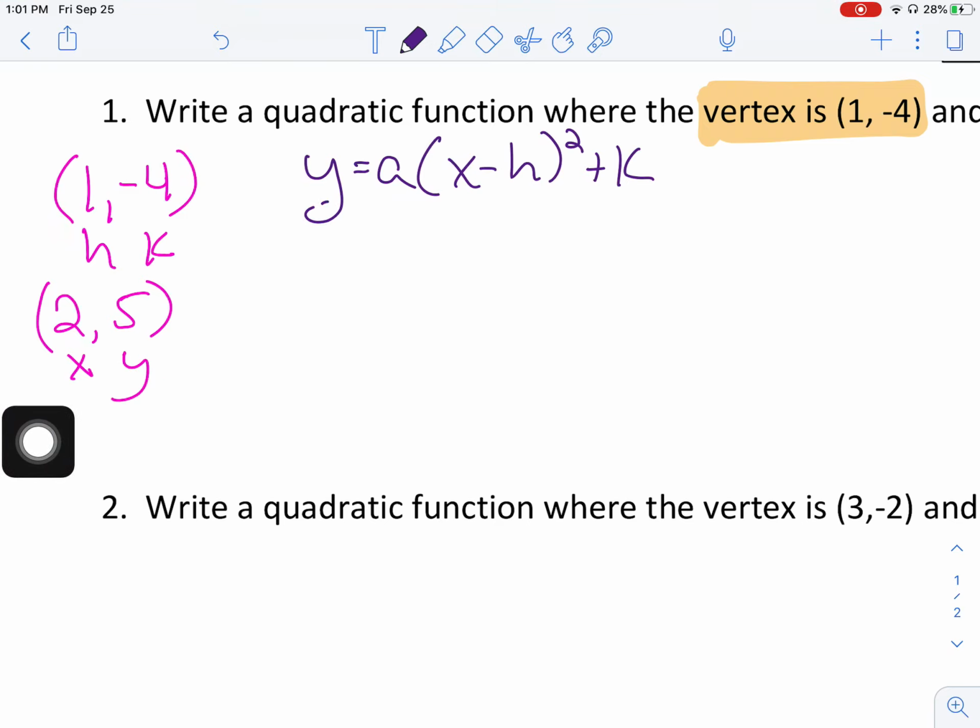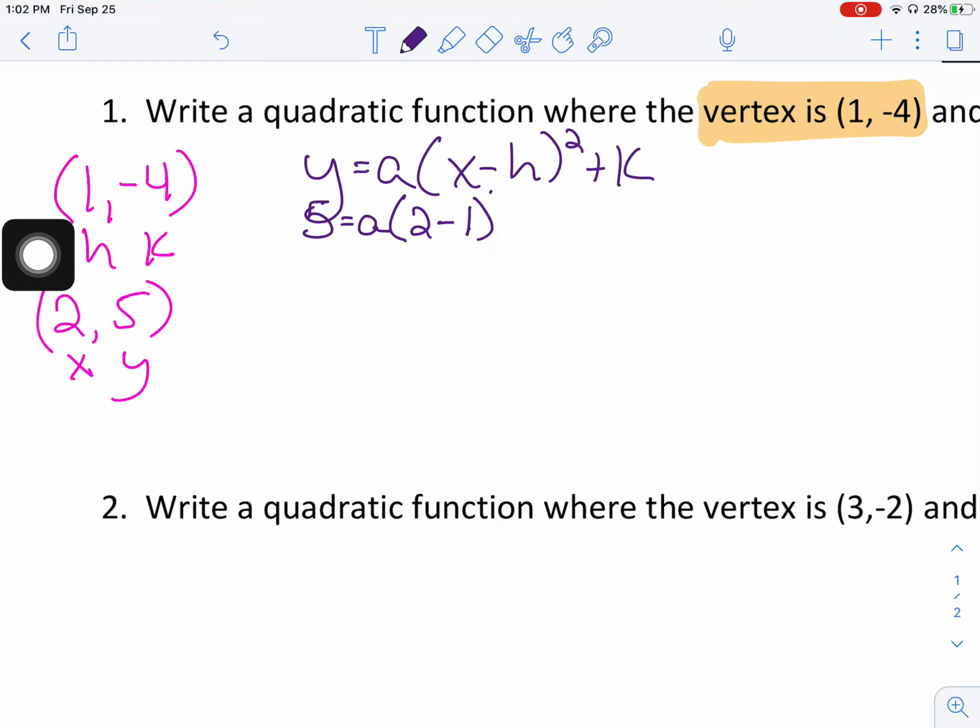So 5 equals a, I don't know; that's my whole point of figuring it out. X is going to get replaced with 2, minus h gets replaced with 1, squared, and then plus k, but k is negative 4, so you could either put plus negative 4, or if you just want to write it as minus 4, that's the same thing.